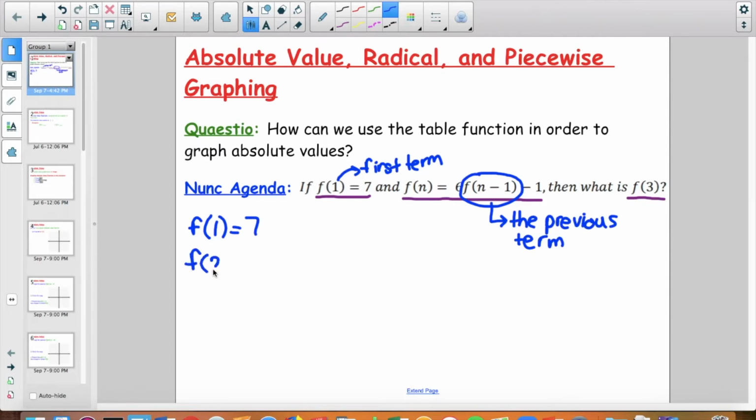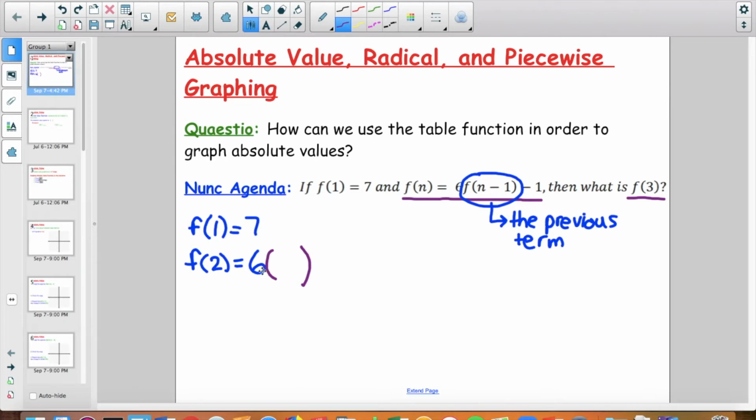Now to find all of the other terms, we have to use the rule. So I'm going to clear this up a bit. So we're using this rule here. So f of n, we're plugging in 2 for n, is equal to 6 times, remember, f of n minus 1, that whole thing represents the previous term.